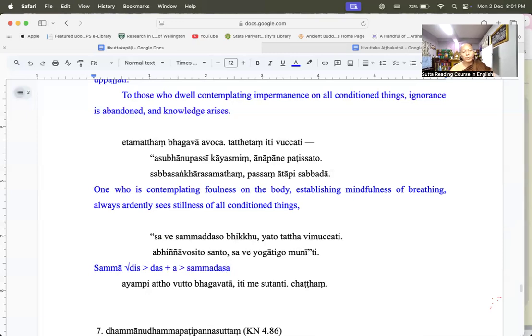So samma dasa, in this way: who sees, who contemplates in this way.